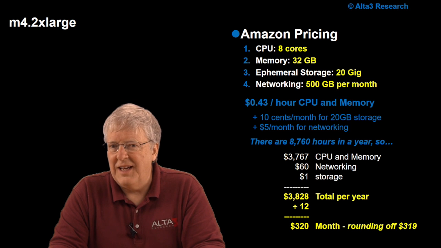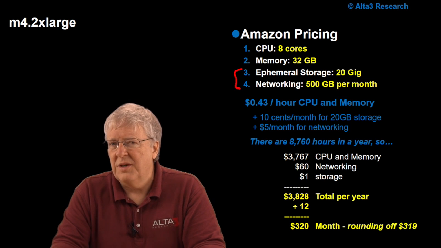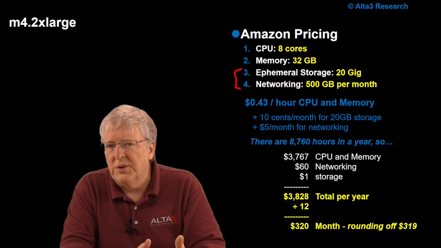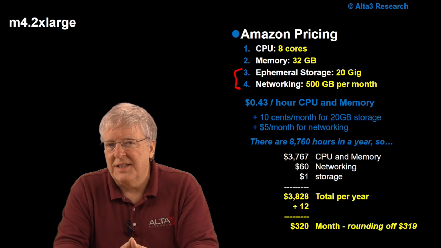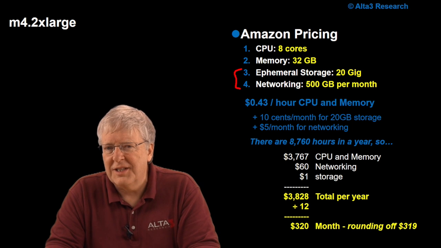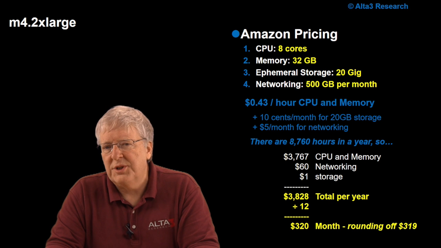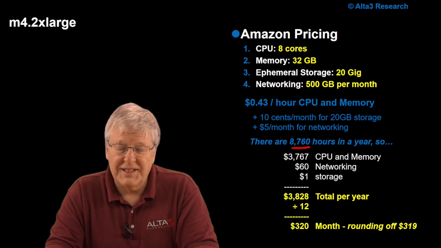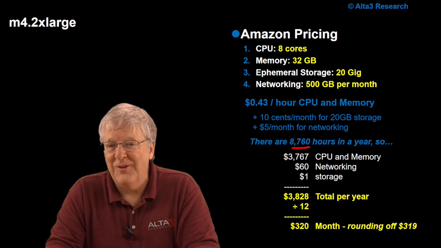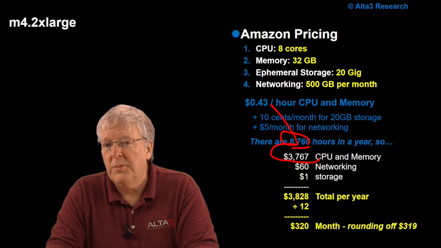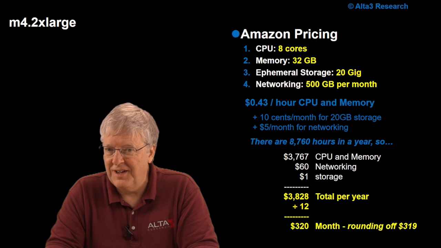It turns out that, as I told you, these items 3 and 4, as long as you're using ephemeral storage and classic networking, they're not particularly expensive. So let's add it all up, shall we? If there's 8,760 hours in a year, then let's multiply that times 43 cents and we'll come up with $3,767.